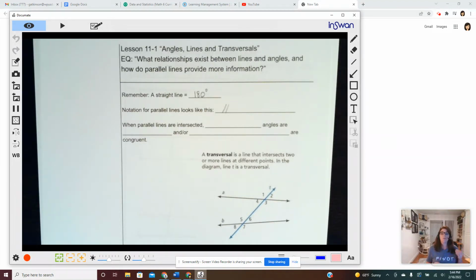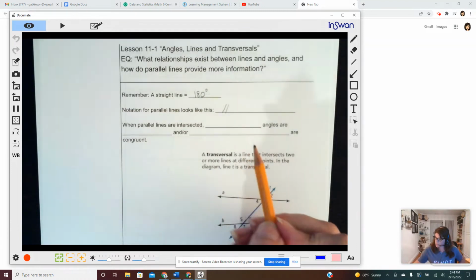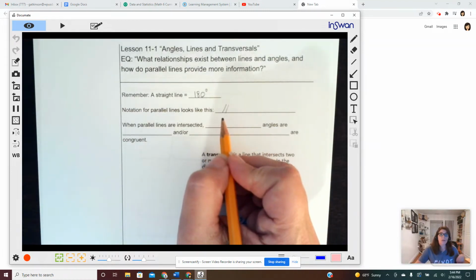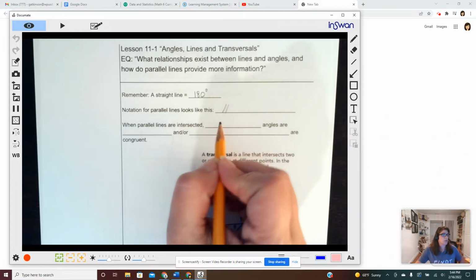When parallel lines are intersected, then we're going to have some congruency, but I want to teach you the placement of the angles as well.